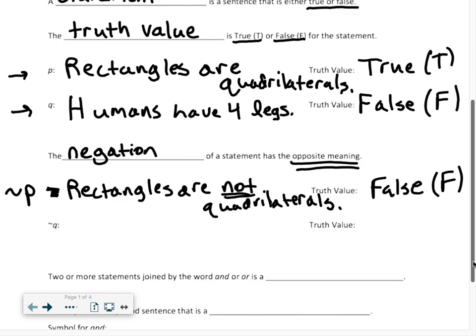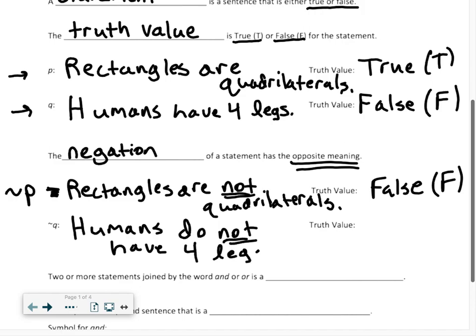So what if we negate Q? So statement Q was humans have 4 legs. What would the negation of that be? Humans do not have four legs. Well, what's the truth value of this?